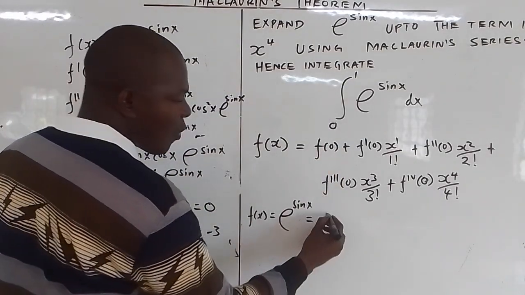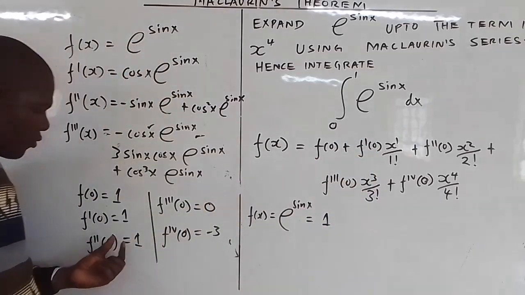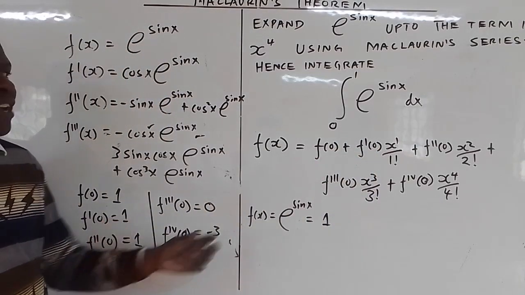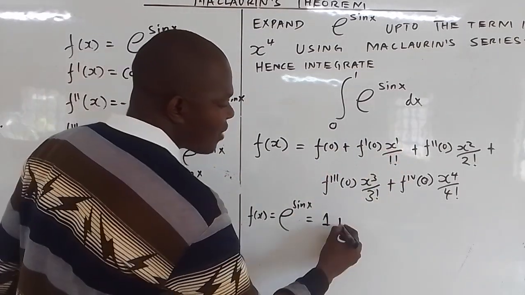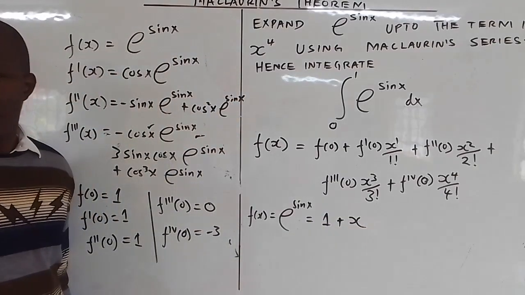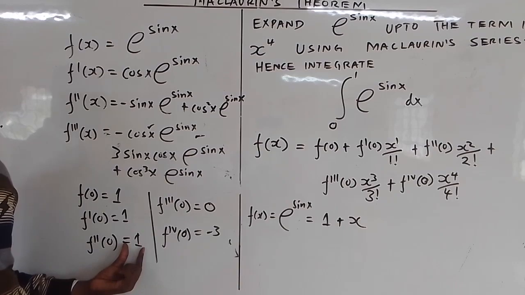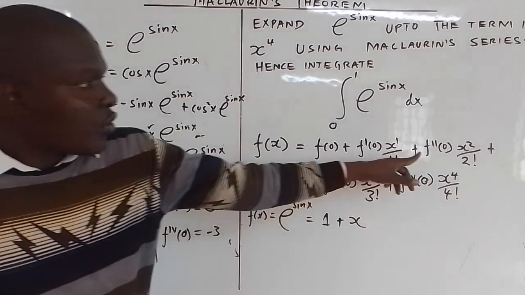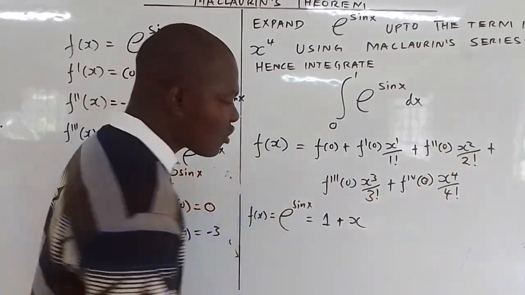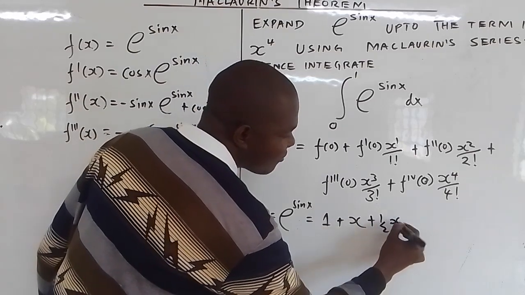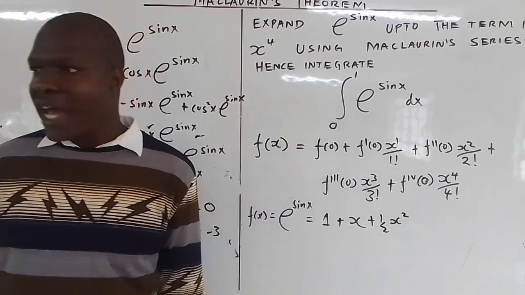Then f prime of 0 you found to be 1, so 1 times x raised to power 1 over 1 factorial, so you just remain with x. f double prime of 0 you found to be 1, so this is 1 times x squared over 2 factorial, so you remain with a half x squared.